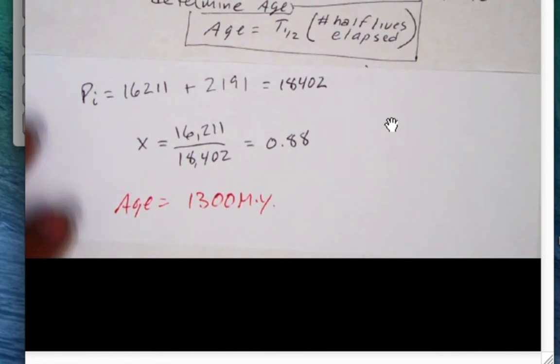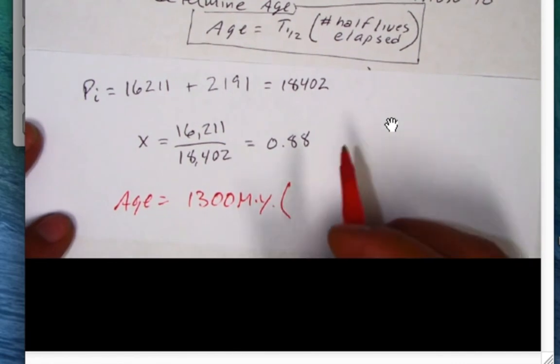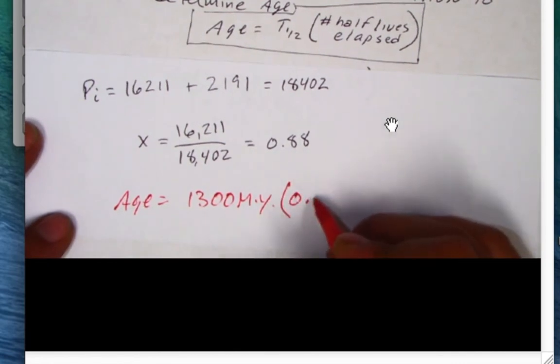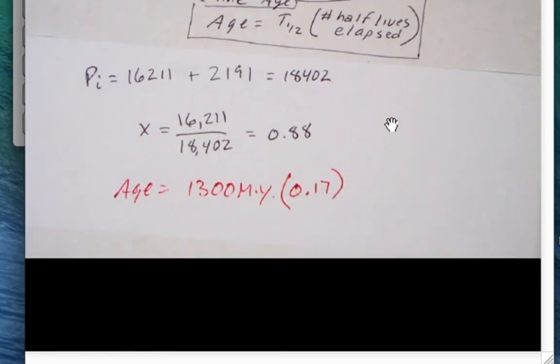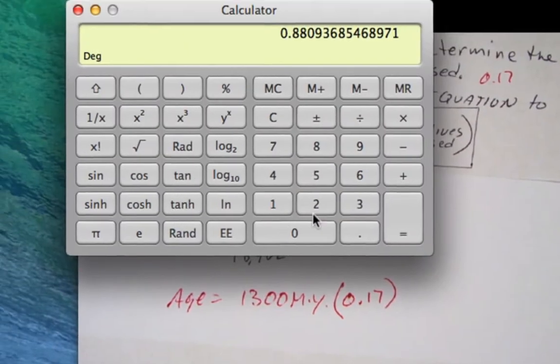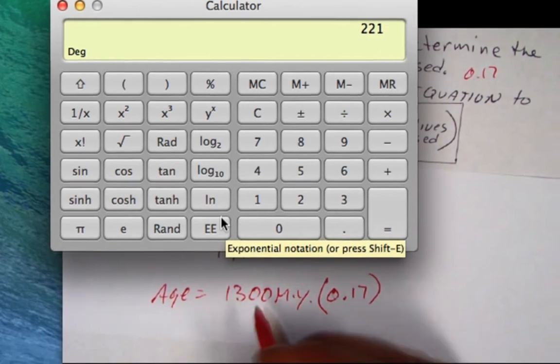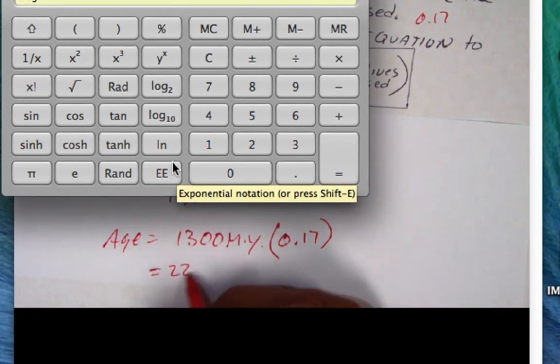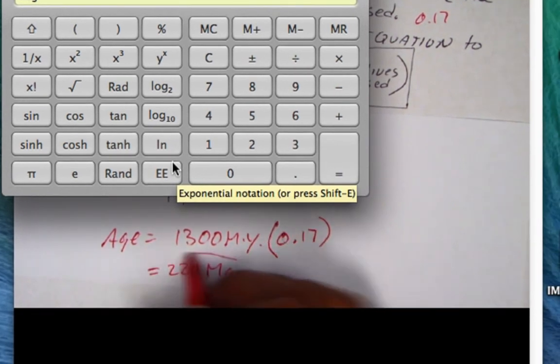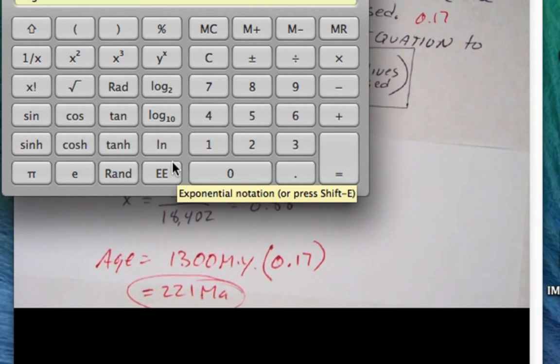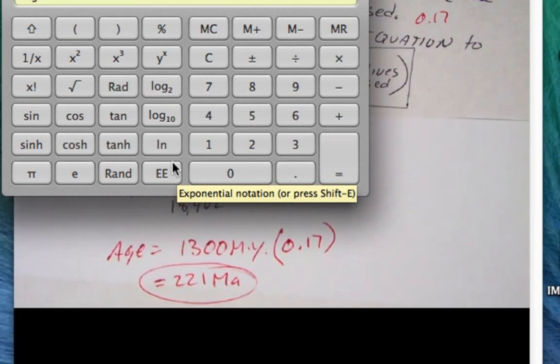And then times the half-lives elapsed, which are 0.17. So when we do the math here, we're going to take the 1300 times 0.17. And so that gives us 221. So the age of the sample is 221 million years. So that's how we do this work here.